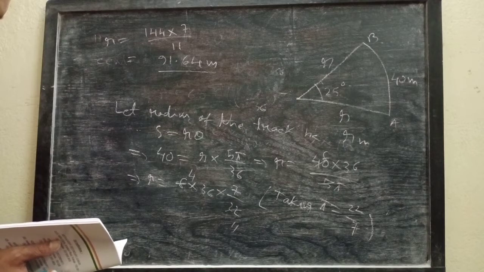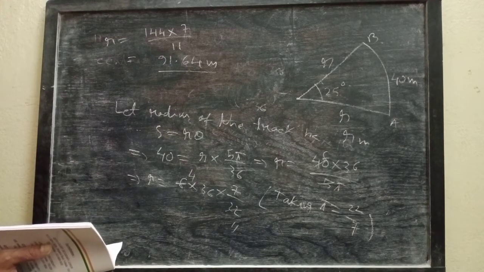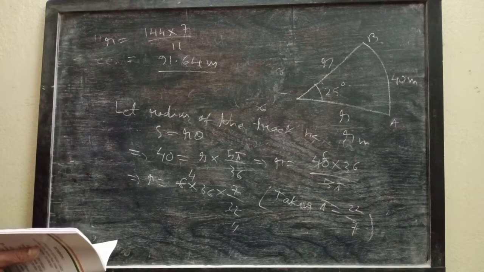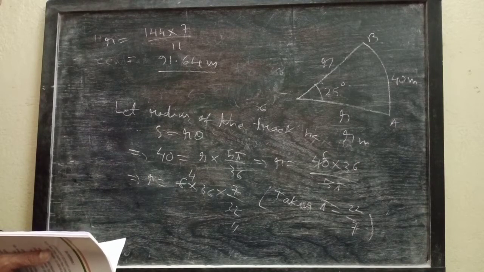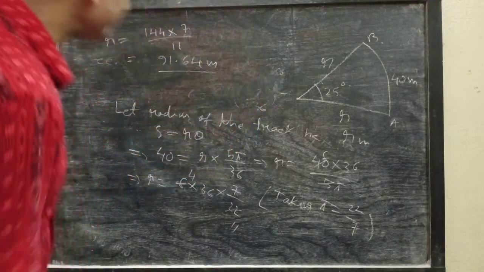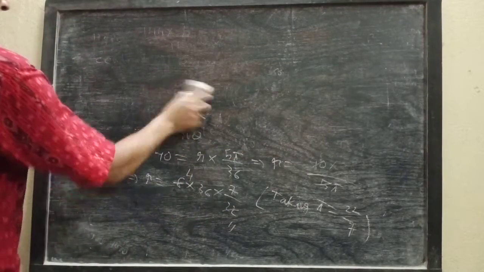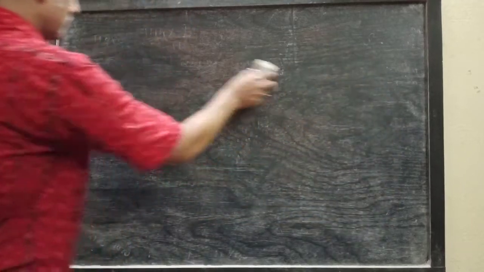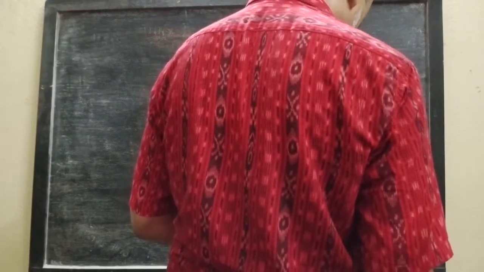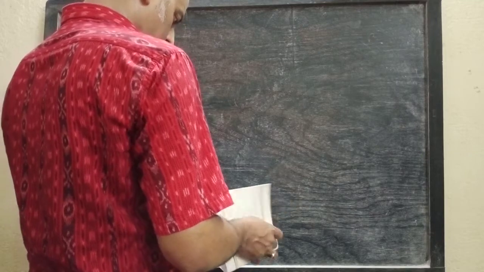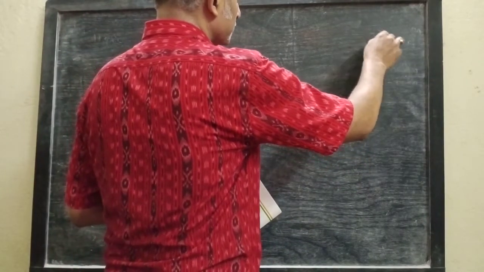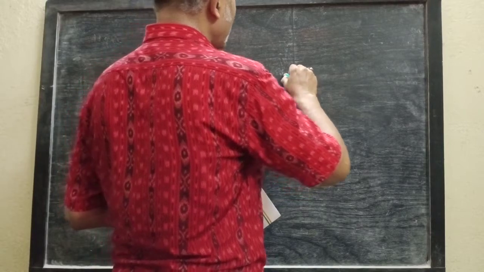Find the length which at a distance of 5280 meters will subtend an angle of 1 minute at the eye. Suppose this is the position of the eye.